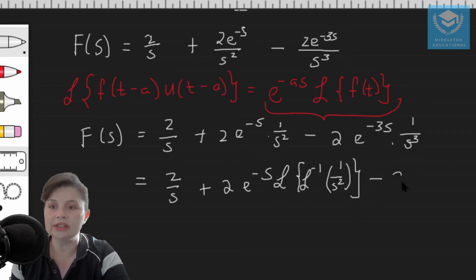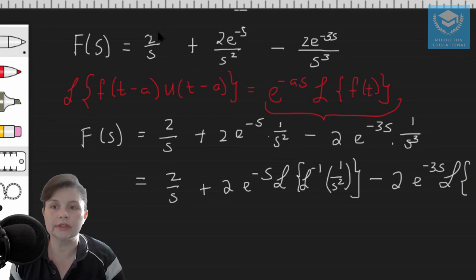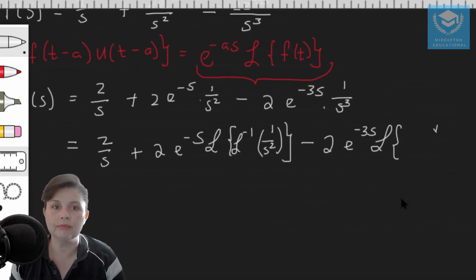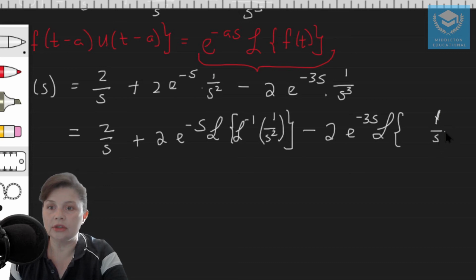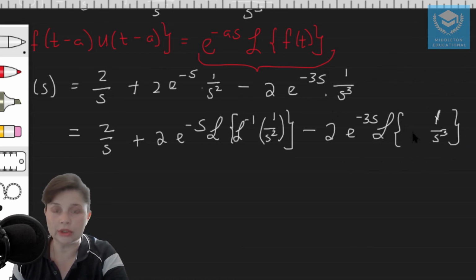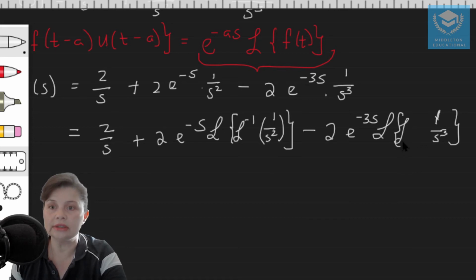Let's do the same thing with the third term. So minus 3s, and what do we need? We need the Laplace transform as it is here. And we know the function here is going to be 1 over s cubed. So in order to not change the value, you're only changing how it looks. We're going to say it's the inverse of that.